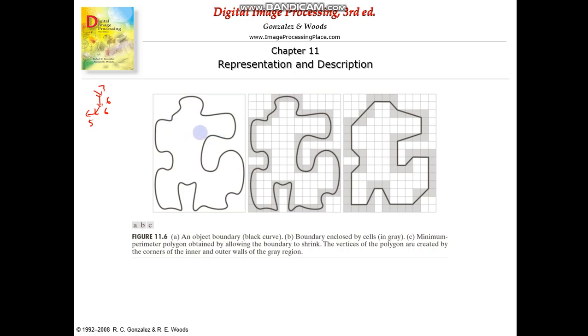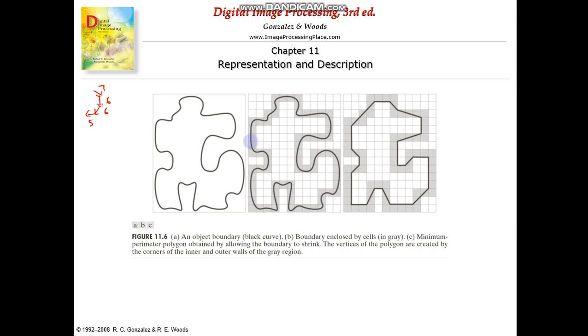Now enclose this shape in a grid-like pattern. Mark the boundary of the curve using this gray grid. This gray colored grid represents the boundary of the curve. So what is happening?